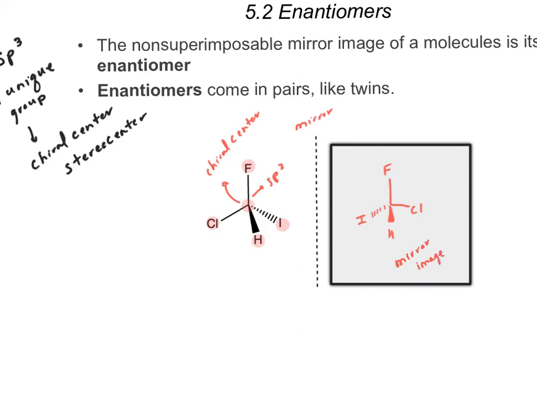And again, if we picked up our mirror image here and we tried to rotate it and superimpose it onto this guy, would we get the exact same thing? So we picked it up, we rotated it so that maybe the hydrogen would match up. If I did that, then what is going to be here if I'm trying to pick this guy up and place it on top? The iodine, right? And so if we try to rotate this, we're never going to get the exact same thing. Okay, so again, this is our non-superimposable mirror image.